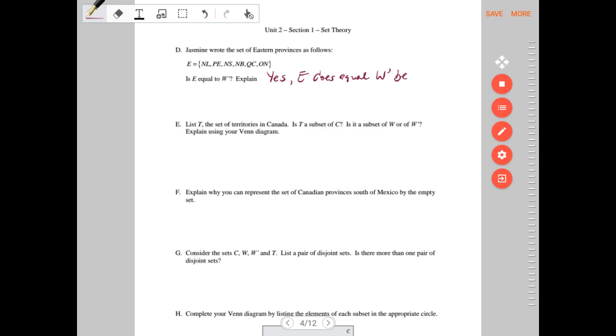Because although the elements are in different orders, they are the same elements. I think I got too many F's in there.